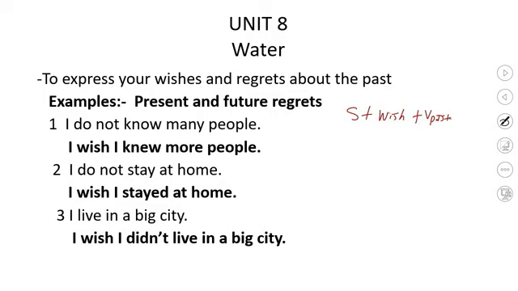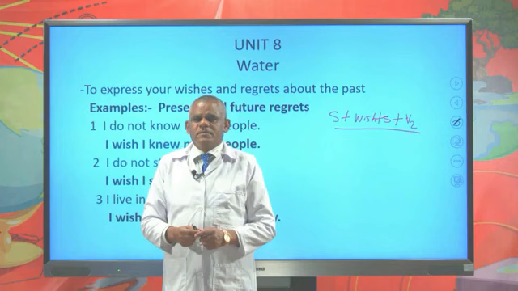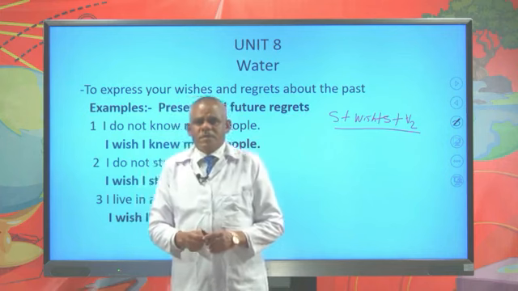There are two subjects possible, plus the V2 form. When you put the wish structure in such a form, this is what you call present or future regrets. You regret in the future or in the present time.